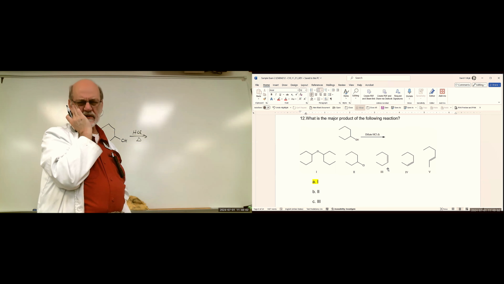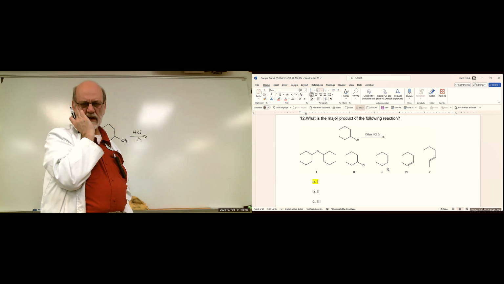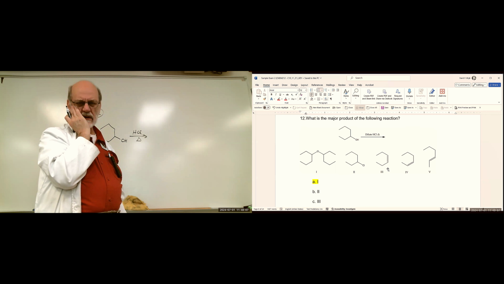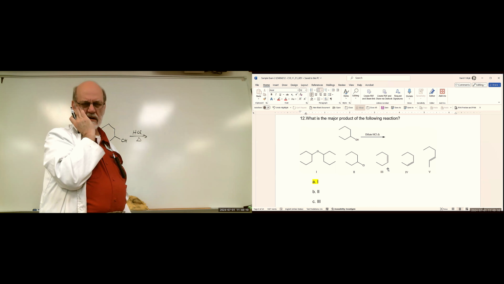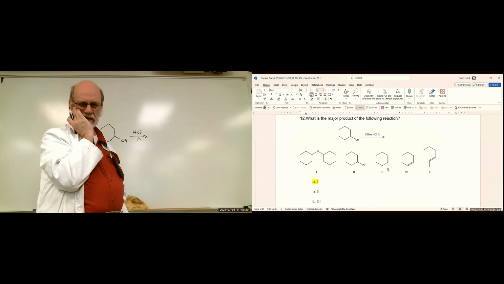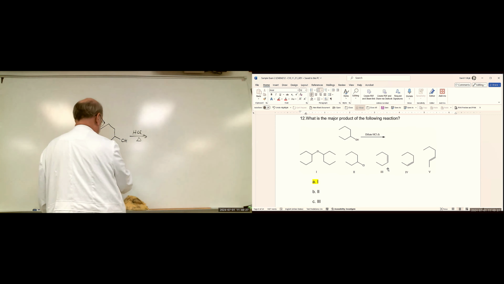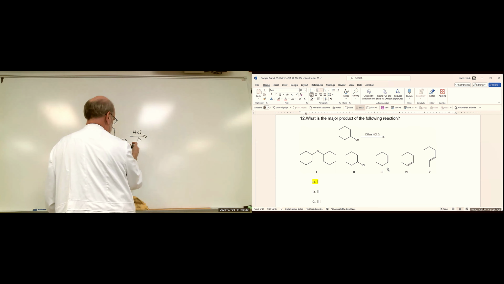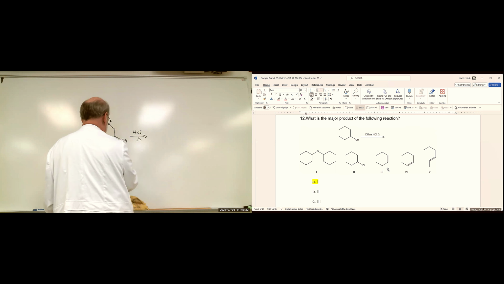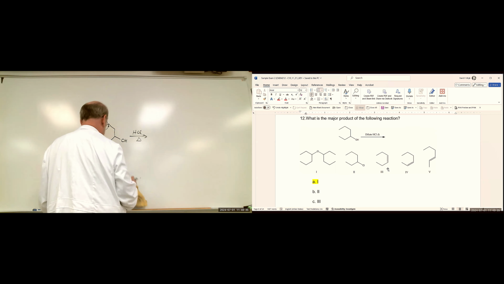What's the acid gonna do? Under acidic conditions, I would expect this to be protonated.